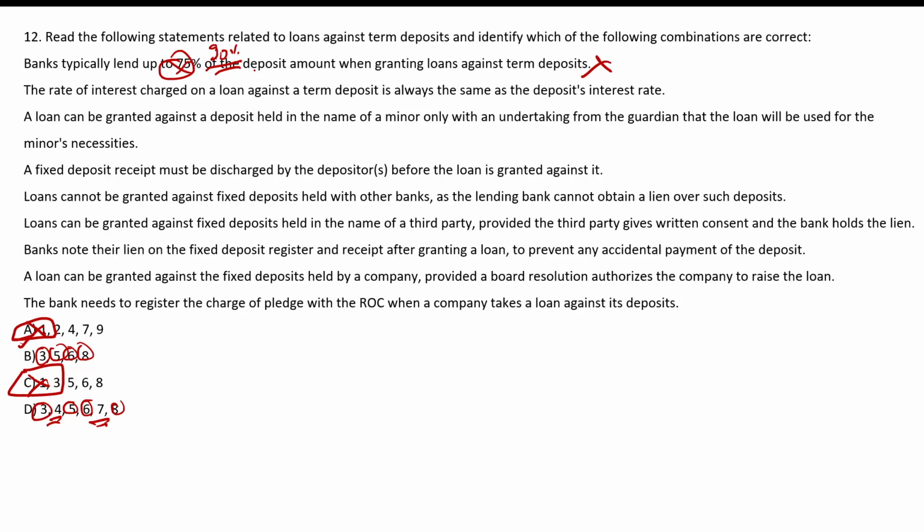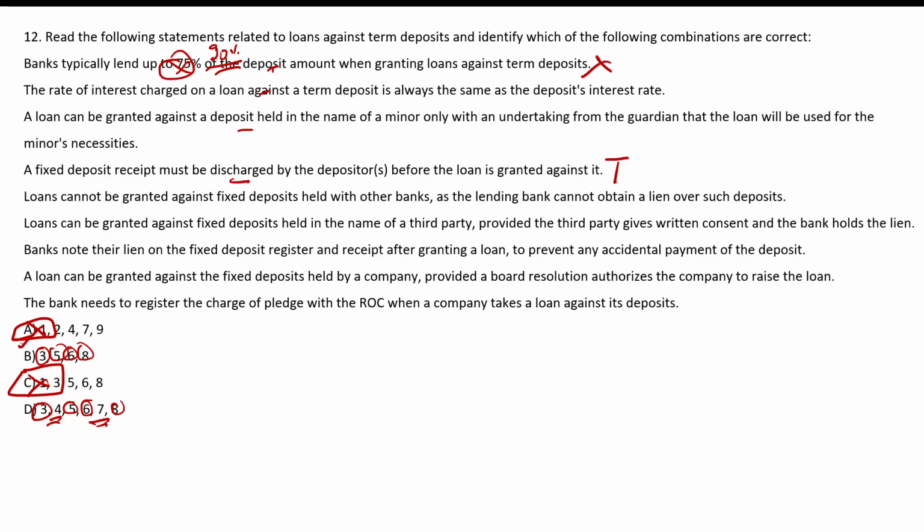A fixed deposit receipt must be discharged by the depositor before the loan is granted. So this is true. So even if I don't read statement 7, I can easily mark option D and move forward. Let's say you don't get statement 4.